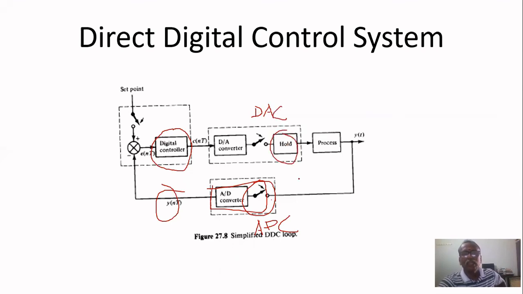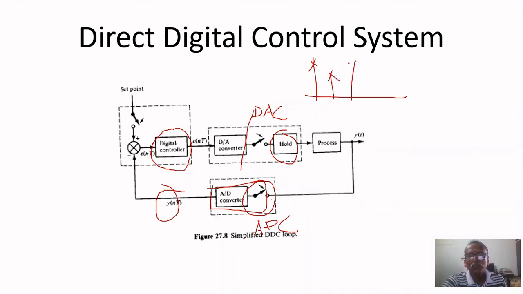If you buy any DAC from the shop, it always has a hold circuit, because without a holding circuit it will give a discrete time signal only. Suppose the output is 5 volt, it will give 5 volt. If the output corresponds to 4 volt, it will give 4 volt.